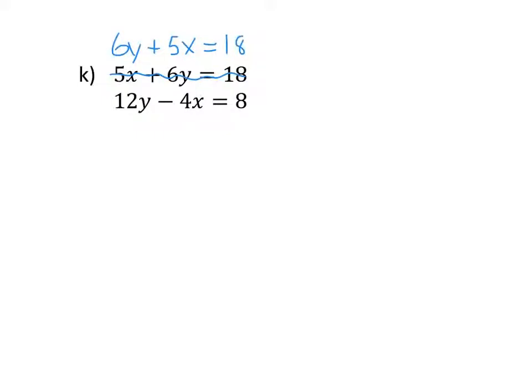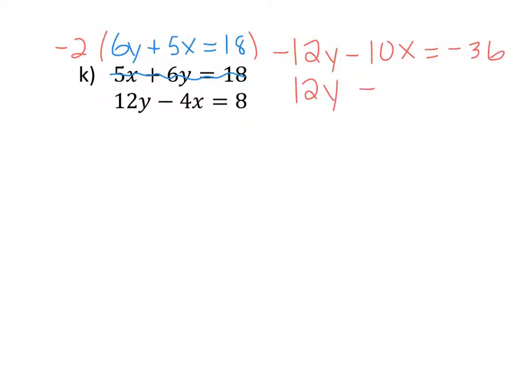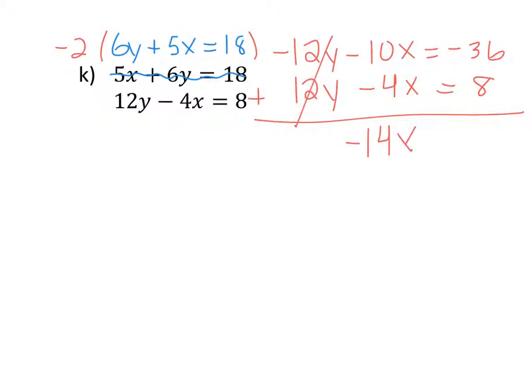Again, I'm going to multiply my first equation by -2. -12y minus 10x equals -36. The second equation stays the same. Let's go ahead and add. Y's go away. -14x equals -28.